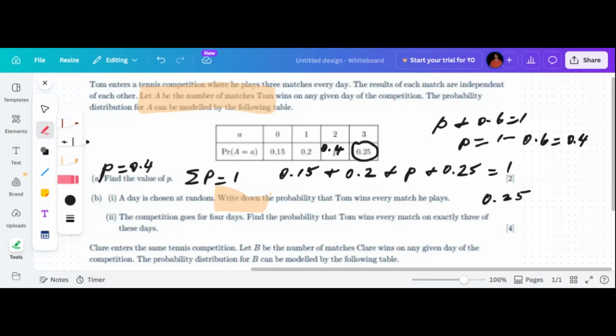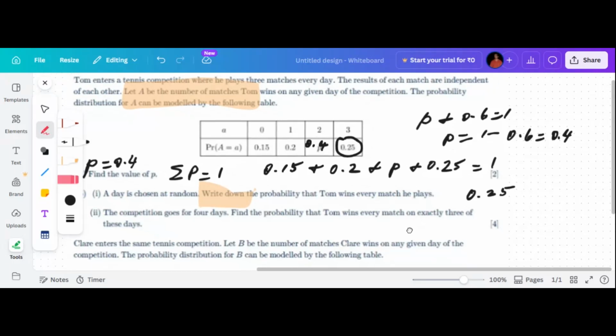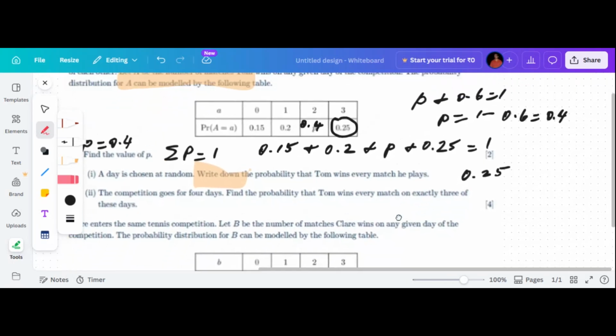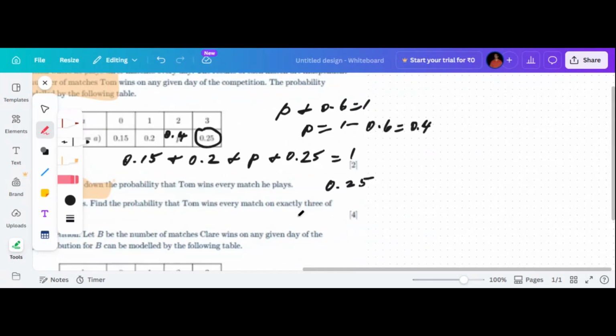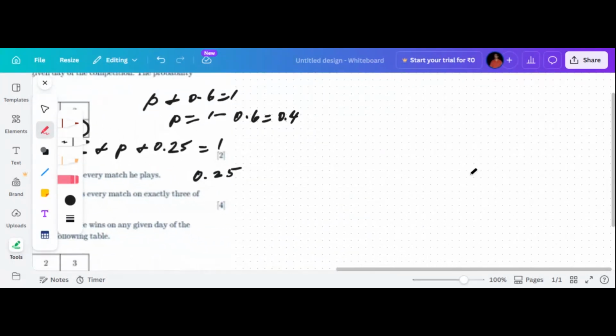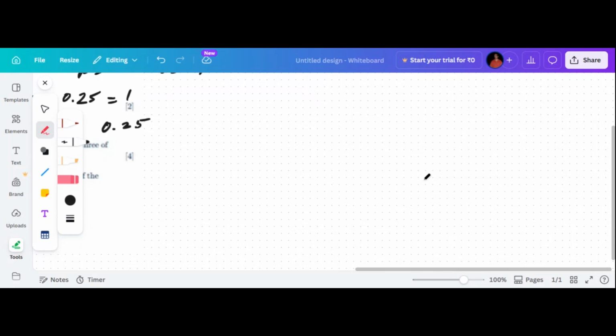So let me write it here. Let x, I won't say n, n we normally use for sample size.